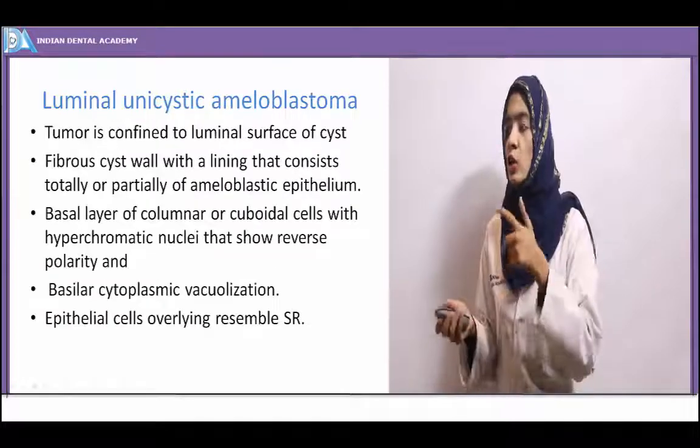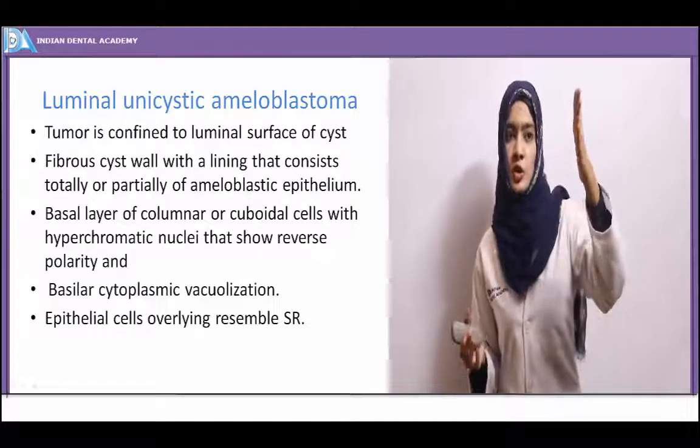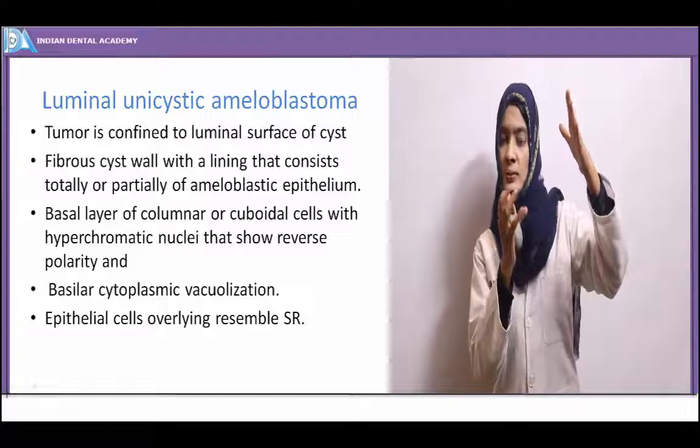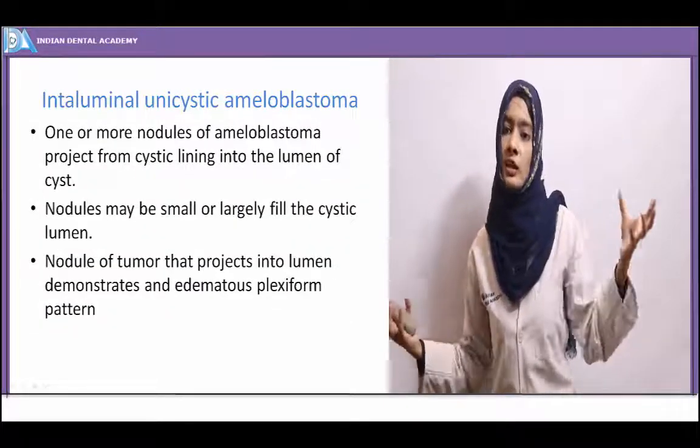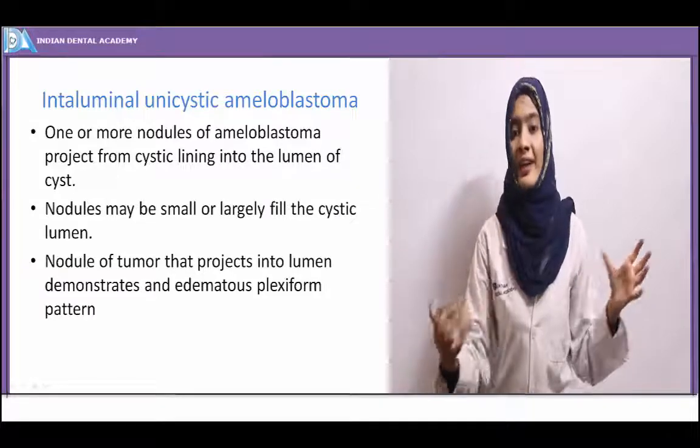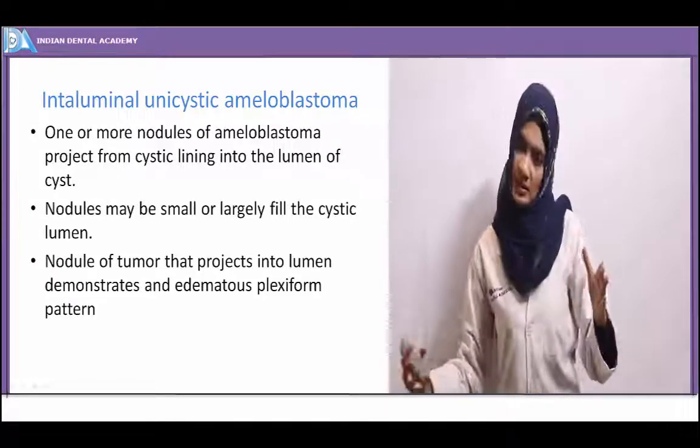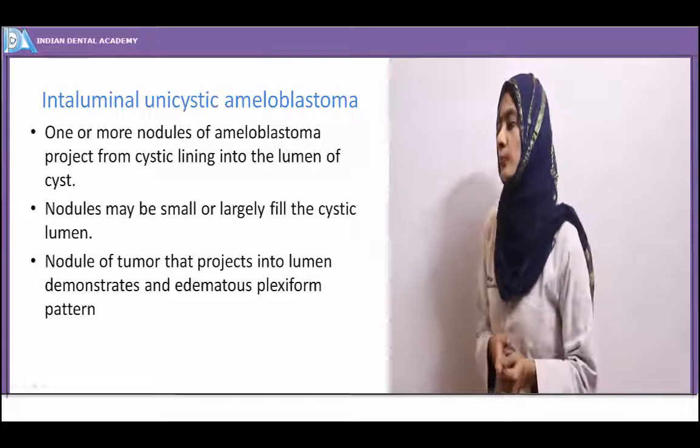In luminal, the tumor epithelium is just attached to the cyst wall. Here, in intraluminal, the tumor is entering the cystic lumen. So the cystic lumen is present and the tumor is present within it.